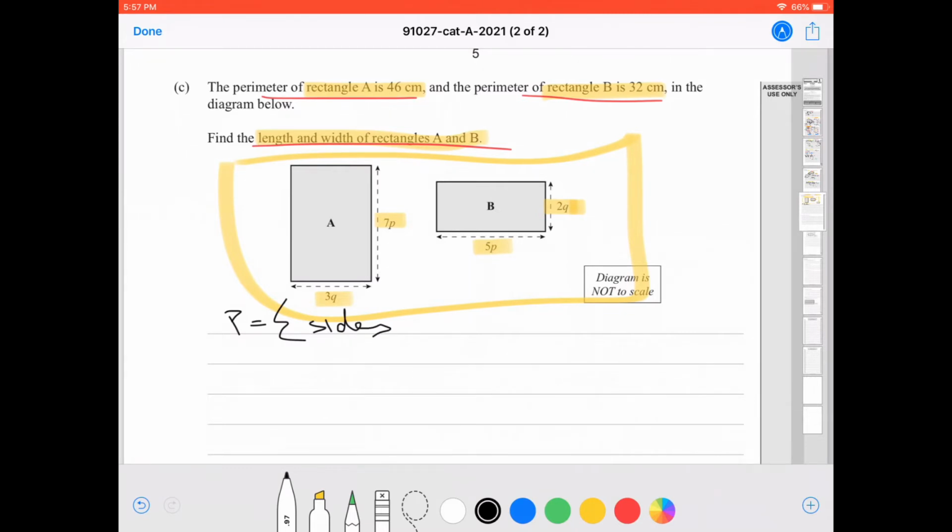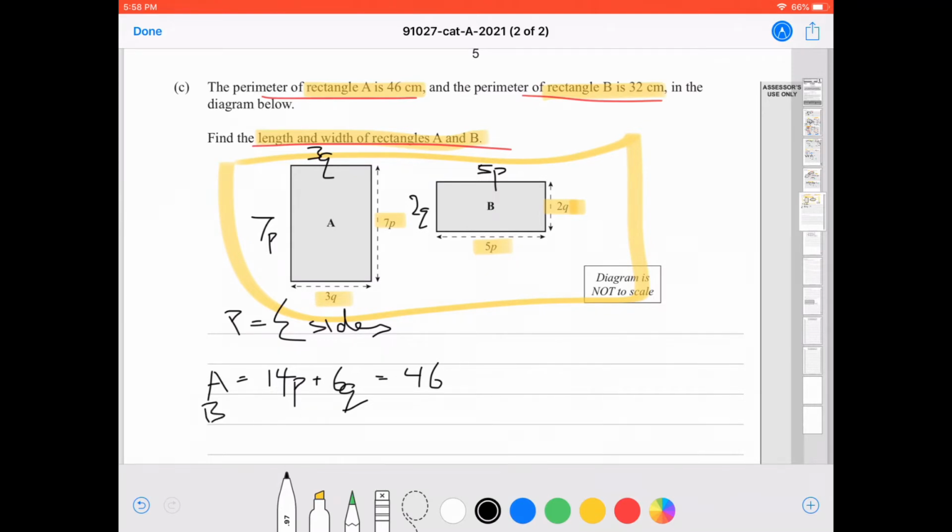And so if we look at A, and remembering that we're dealing with rectangles, so we can actually say this is 7p over here and 3q along the top, and similarly 2q and 5p for B. Okay, A, we've got 14p, because 7 plus 7 is 14, plus 6q, and the perimeter equals 46.